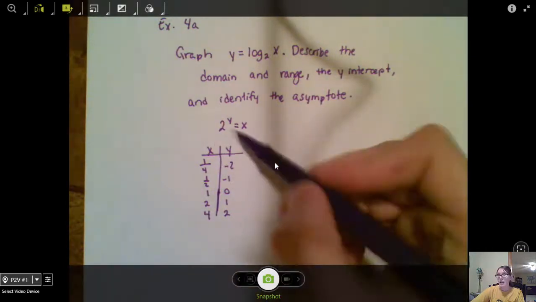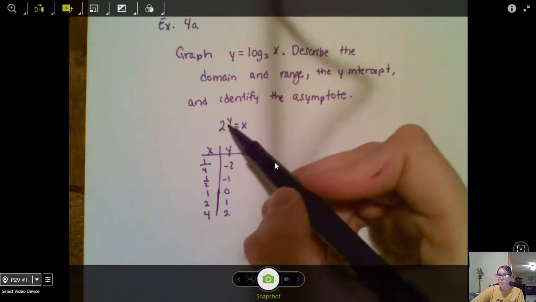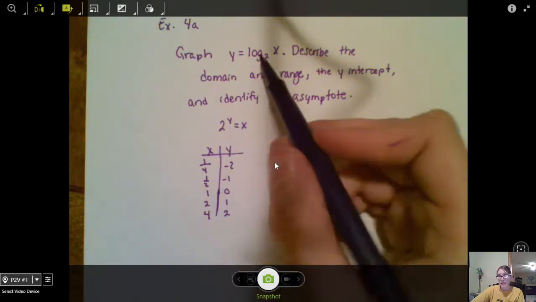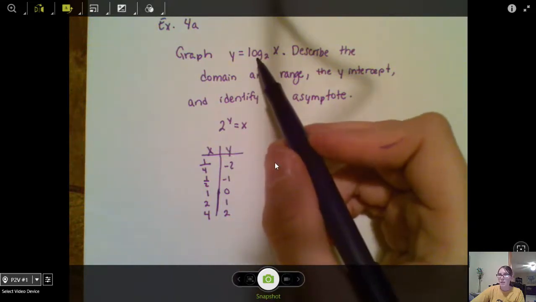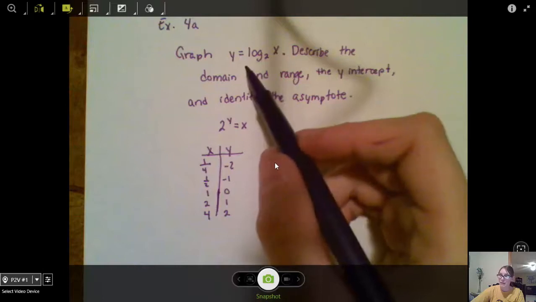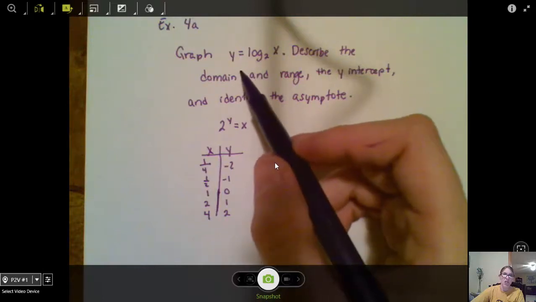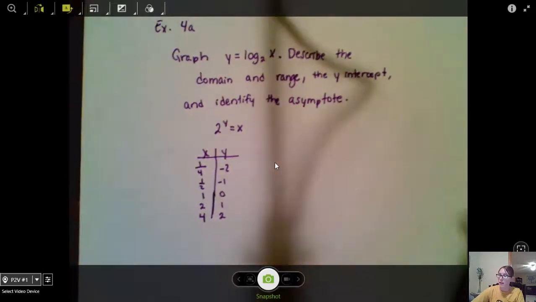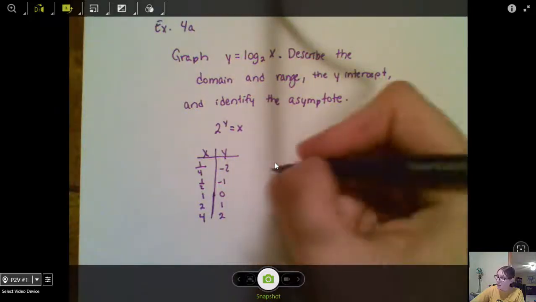Now the reason I can do this is because 2 to the y power equals x. That's what log base 2 of x equals y means. I really haven't changed anything. I just rewrote it a different way. All right, so here's my table of values.